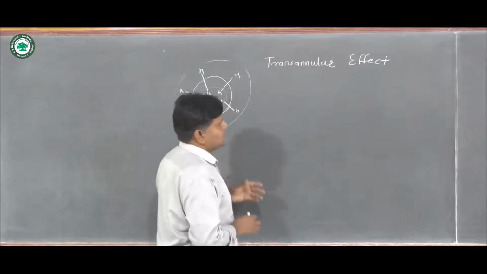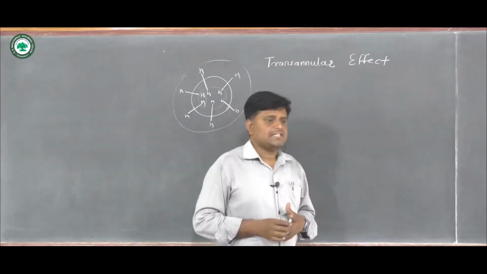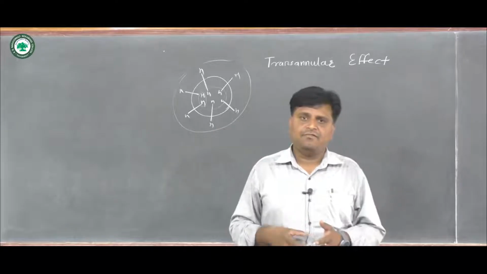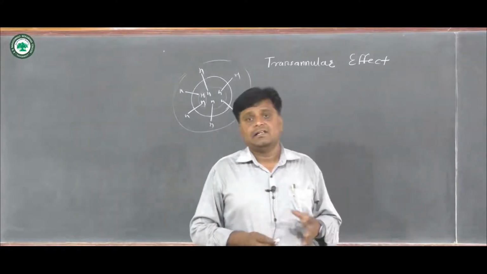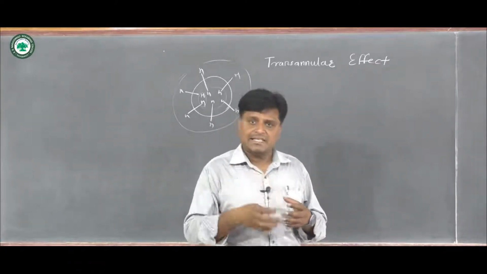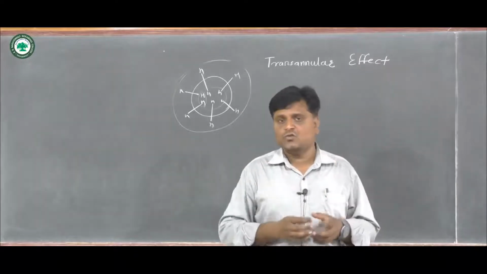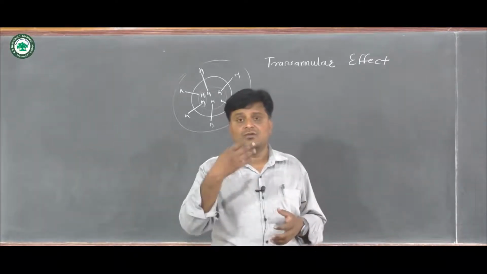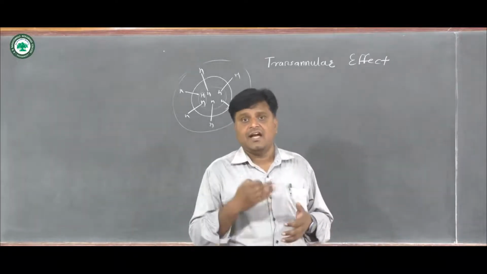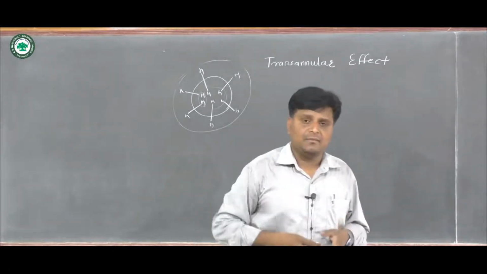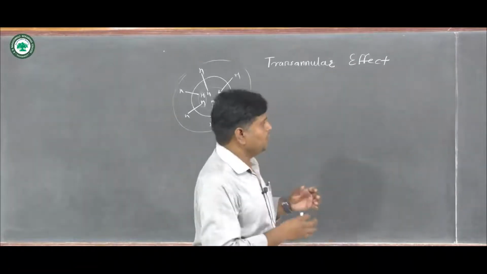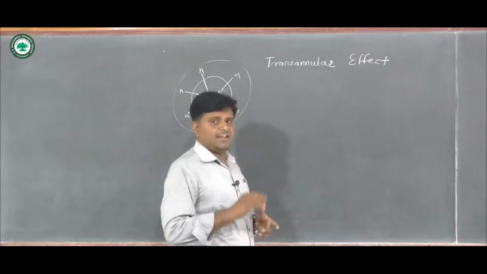So simply, the transannular effect means the effect shown by atoms present in the ring which are very close to each other; it gives some physical interaction and it can convert into chemical changes. So we call this the transannular effect.